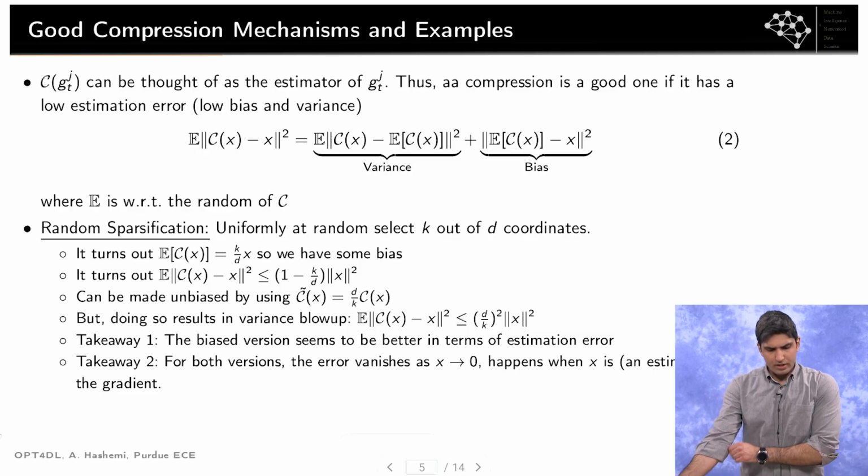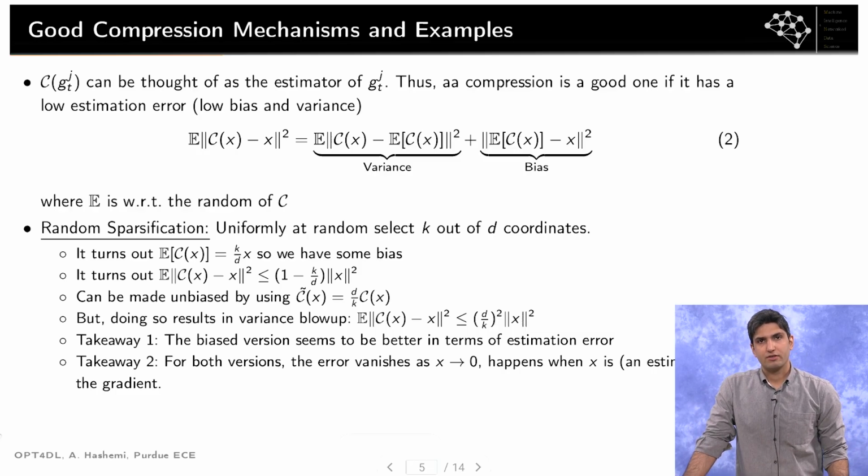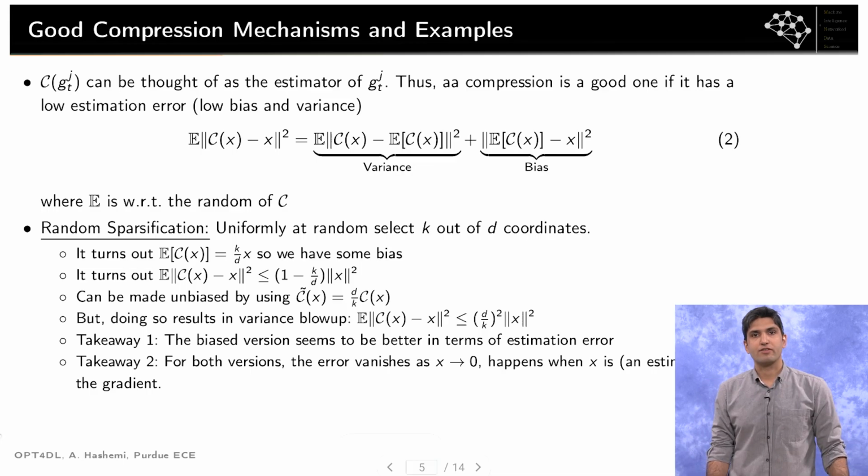So now we discussed a few examples of these compression mechanisms, and they are not random. They are actually examples of good compression mechanisms. So let's talk a little bit about what we mean by a good compression mechanism. Okay. So basically, what we are doing is estimation. Okay.